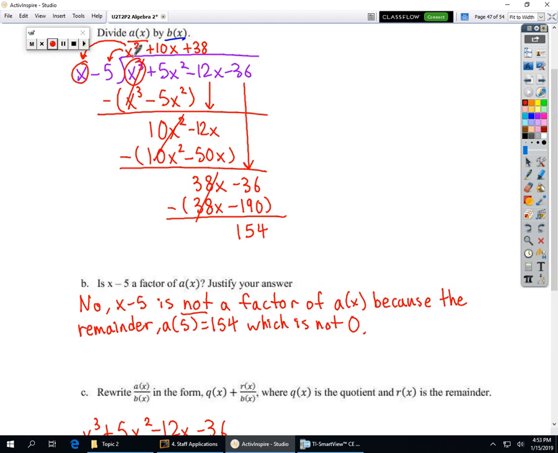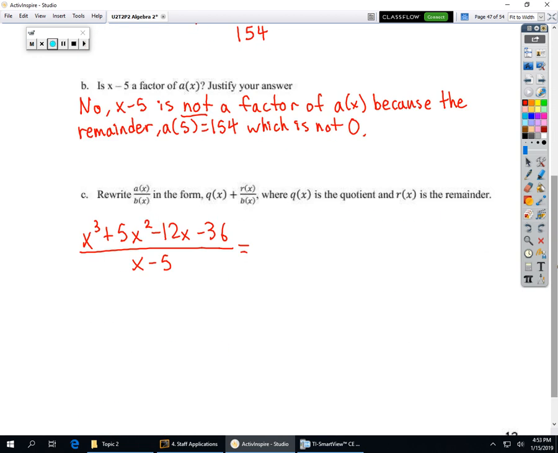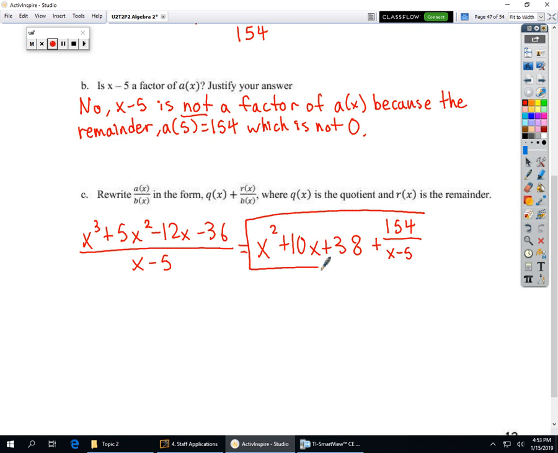It's this up here. So q(x) equals x squared plus 10x plus 38. I've got to add r(x). r(x) is the remainder, which is 154, divided by b(x), which is just what I divided by, x minus 5. So this is officially that form.